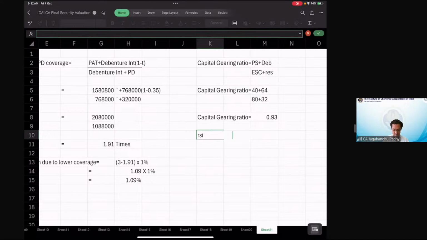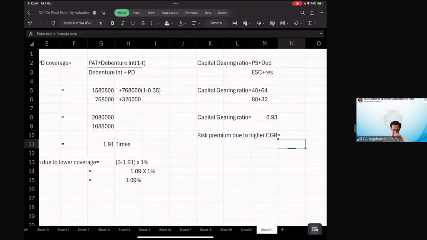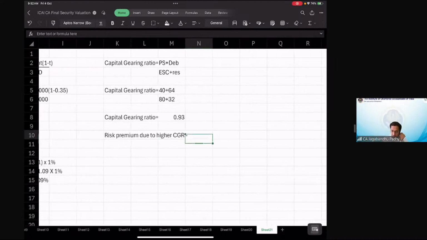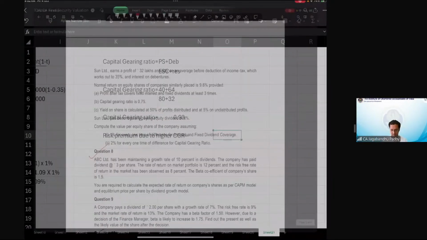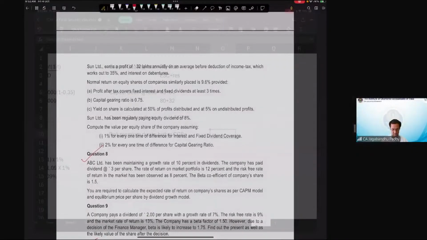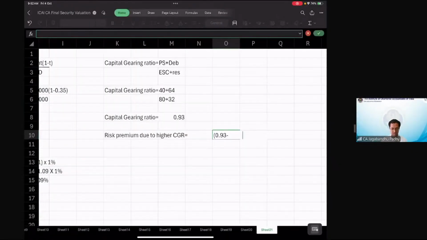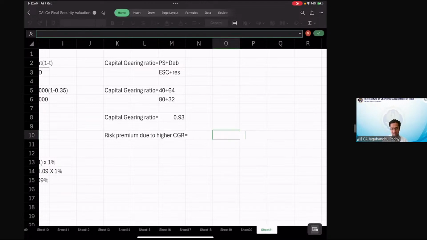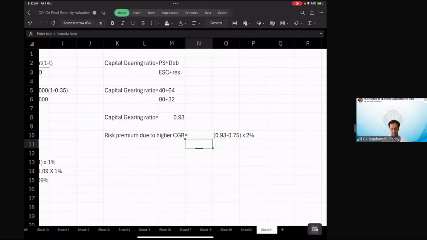Risk premium due to higher capital gearing ratio. What will be the risk premium due to higher capital gearing ratio? We wanted a capital gearing ratio of 0.75, but right now it is 0.93. So 0.93 minus 0.75 multiplied by what is the risk premium that we want? 2%.